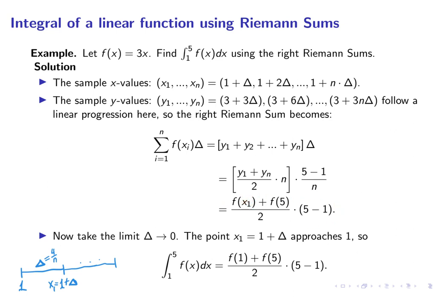So the Riemann sum approaches the half sum of f of 1 and f of 5 times the length of the interval. So the value of our definite integral is given by this formula. Note that this is the same formula that we obtained when we were computing the definite integral by interpreting it as the area of a trapezoid.